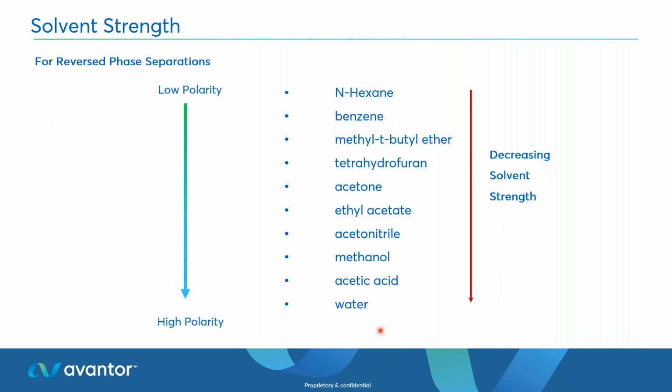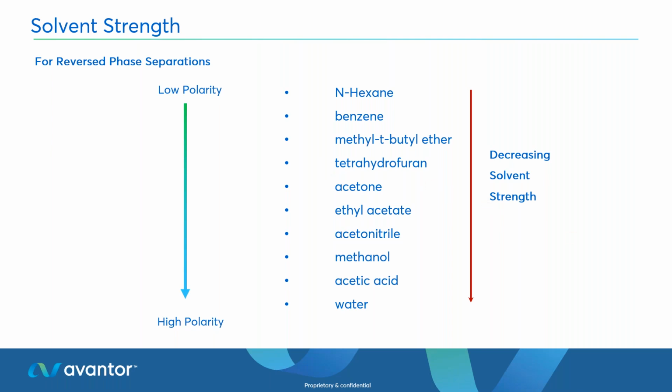So if we just pull out three of these solvents, and unsurprisingly they are ones I've just mentioned, we've got methanol here, which is a stronger solvent than water, and we've got acetonitrile, which is stronger than methanol, and then right up here we've got THF. So that is a pretty strong solvent when it comes to HPLC.